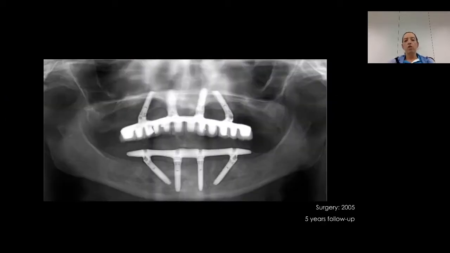So when we review, imagine that we have this case and we lose one of the implants. If we lose one of the implants in the front, what do I do? I can go with the implant more to the left and more to the right, so use another implant position, another bone position to place my implant.